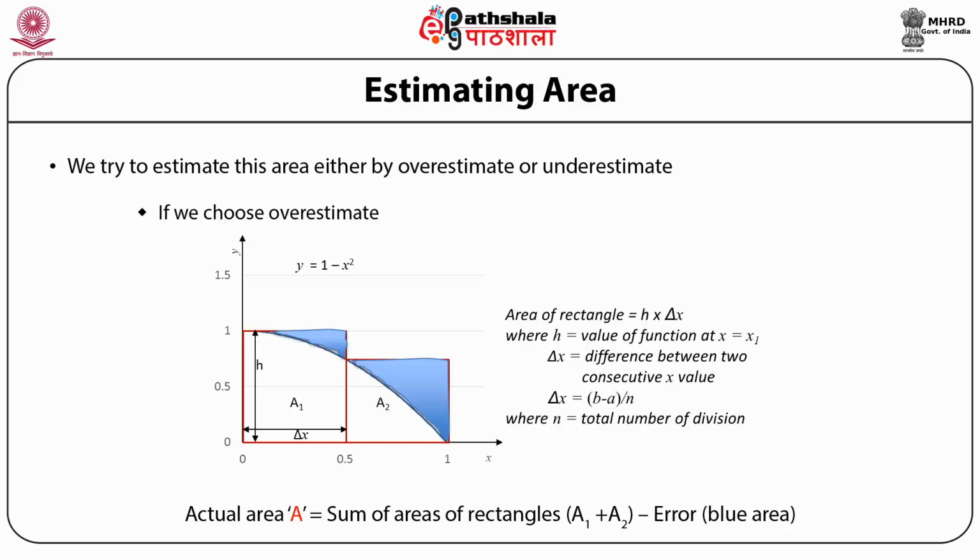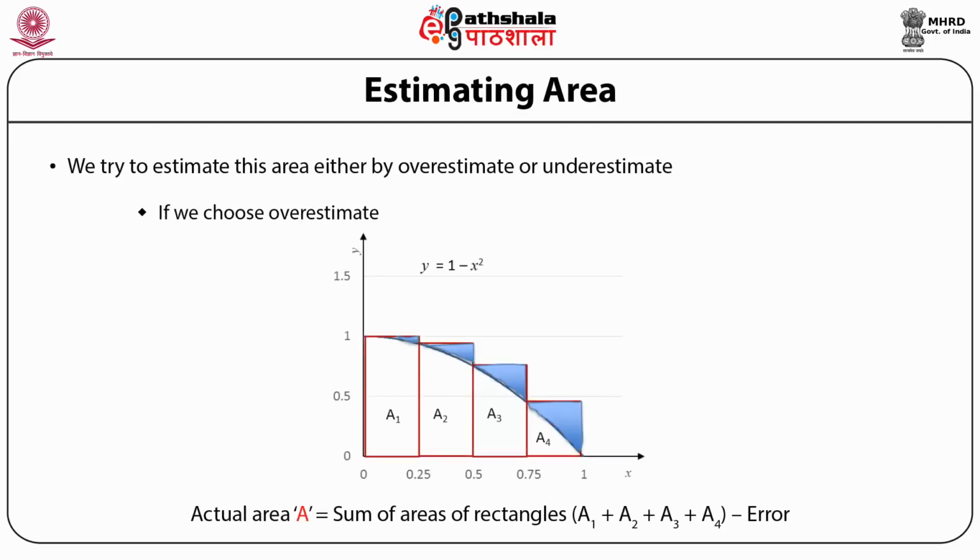You can actually see that if we add the two rectangles, that area is going to be more than the area of the curve. By that blue region, it will exceed. We can actually improve the solution. That means we can improve the accuracy of the solution by putting in several rectangles, not one but very many rectangles.